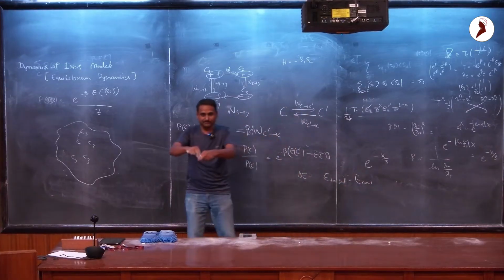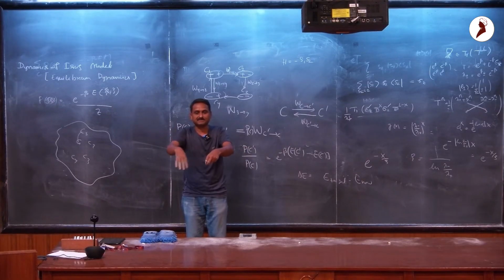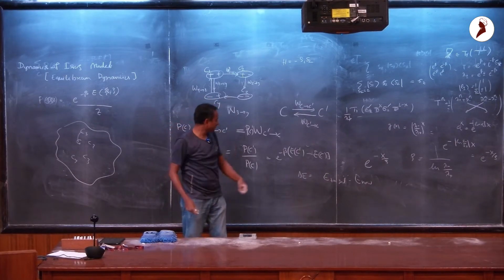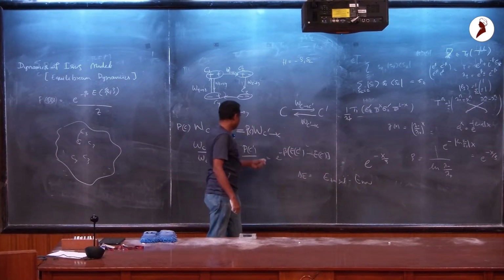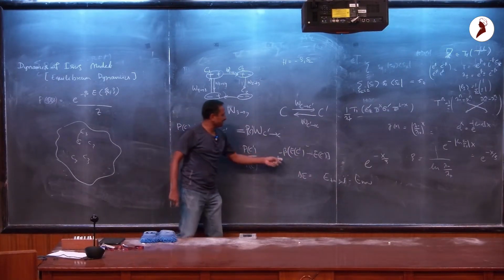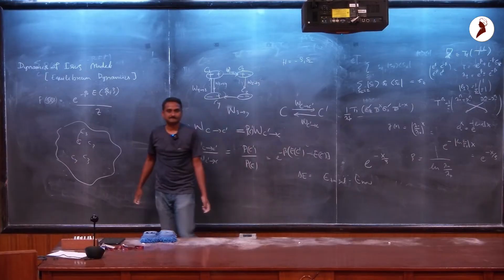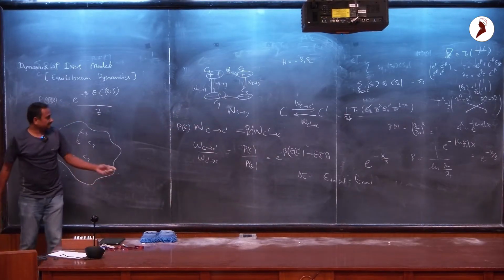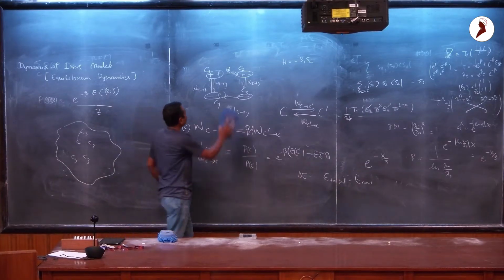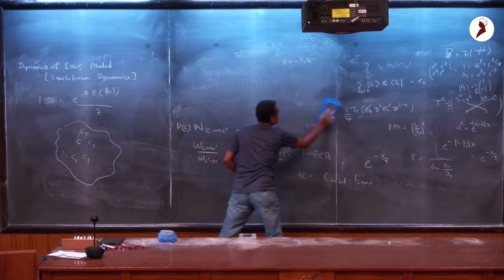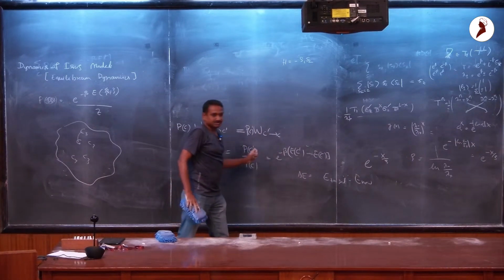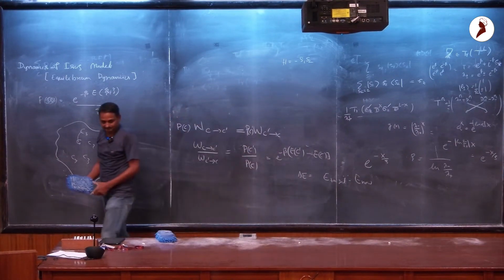You are in some configuration that has some energy, and you are targeting to go to some energy. The difference between target and current is delta E, and the ratio of rates has to be this. Keeping this in mind, you have two rates to specify and only one condition, so you still have choices.